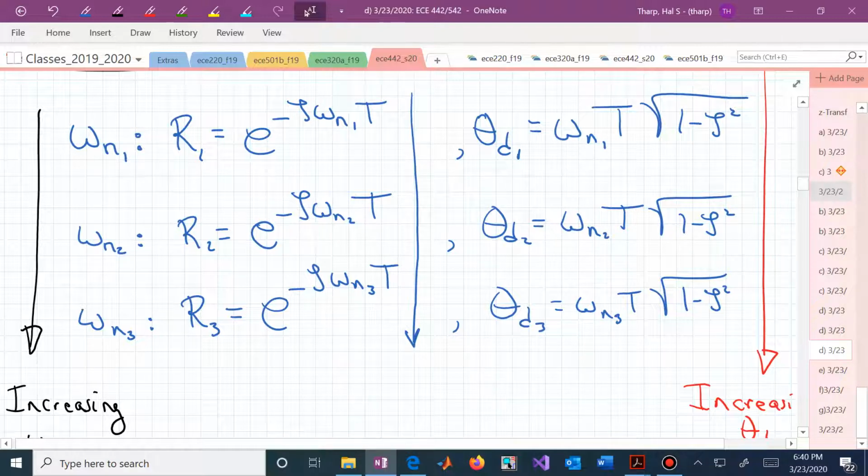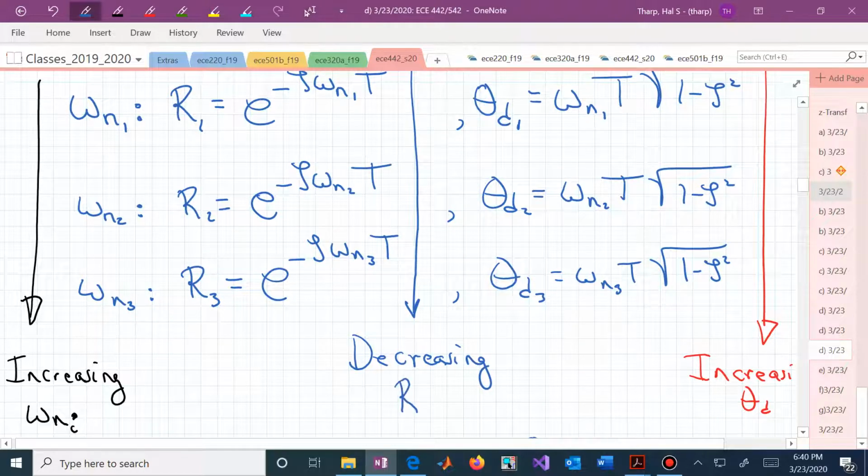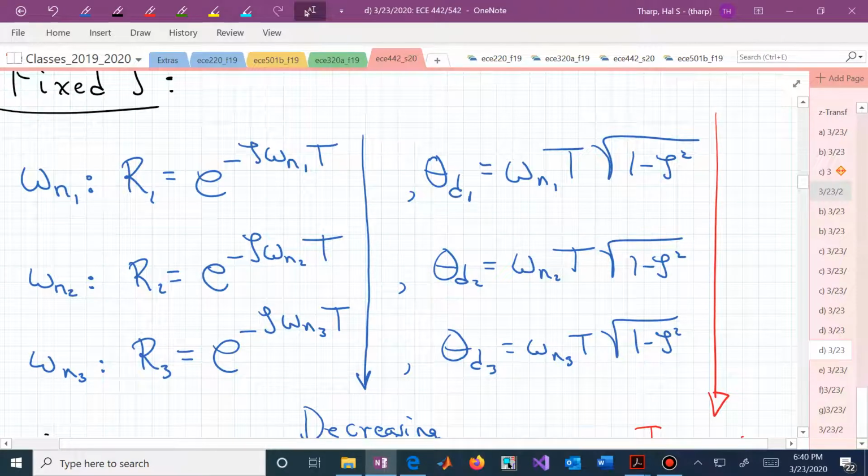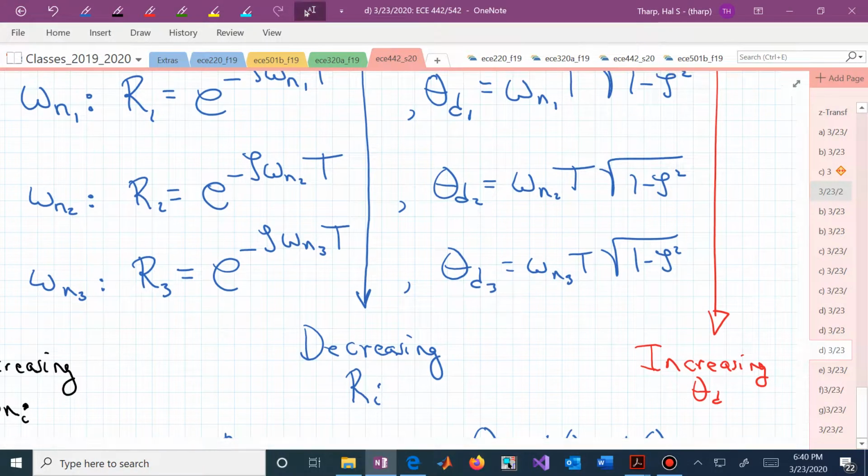So in fact, as we increase the natural frequency, we're decreasing the r's. Conversely, as we increase the omegas in the theta expression, we are increasing theta sub d.